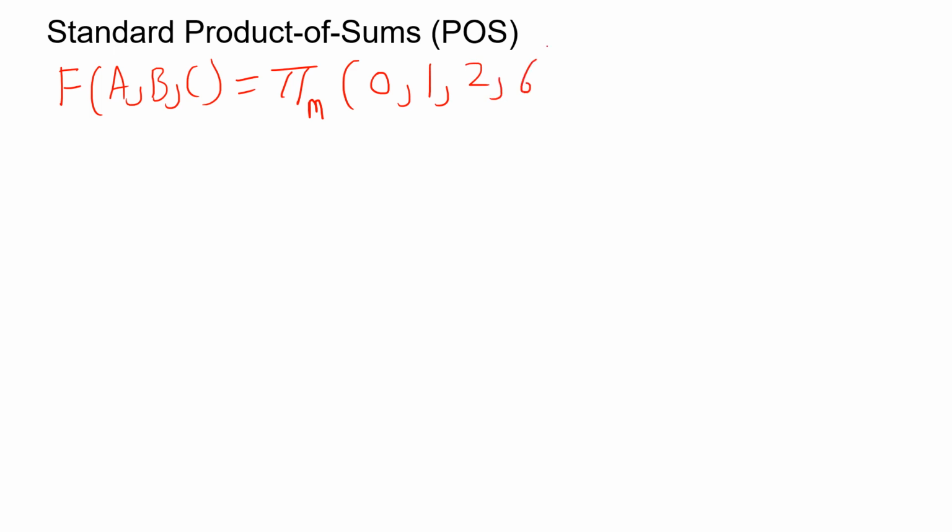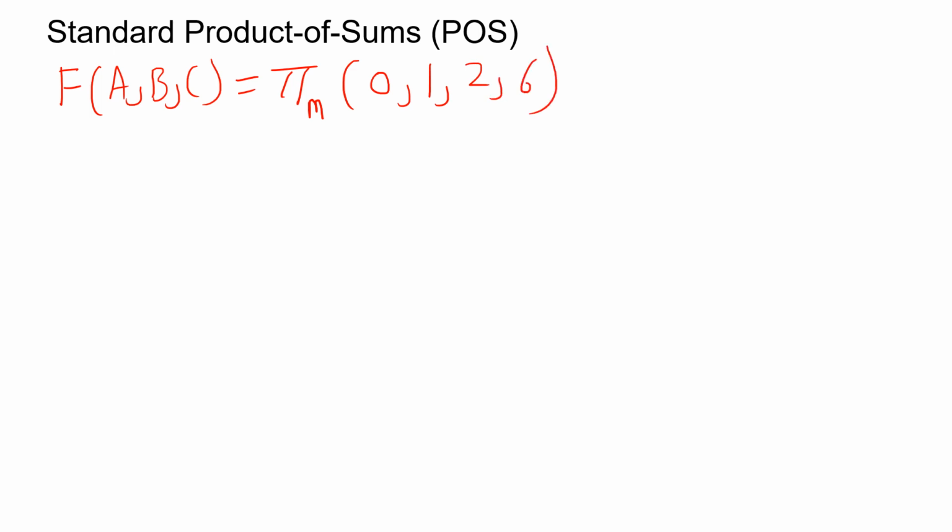Now let's move forward. Let's talk about standard product of sum. So again, let me take one example. So okay, let me take the previous example so that we can easily understand. Function of A, B and C is equal to product of max term 0, 1, 2 and 6.